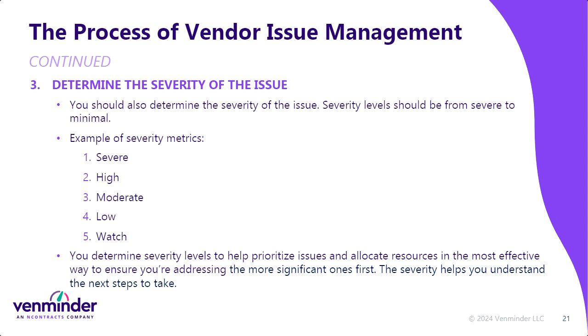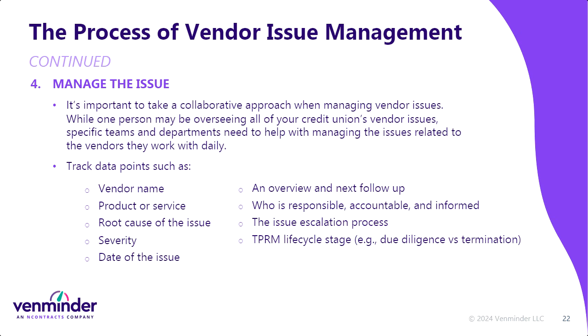But some examples of severity metrics are, of course, one being severe, all the way down to just watch. But determining these helps, of course, prioritize these issues and then allocate resources across your organization to work with getting them resolved with the vendor or figuring out what the next steps are if they can't get resolved.